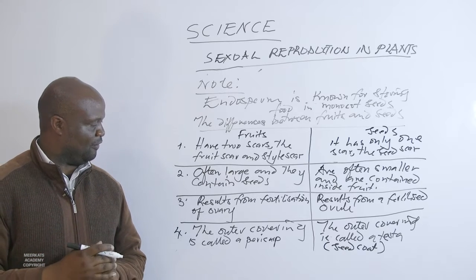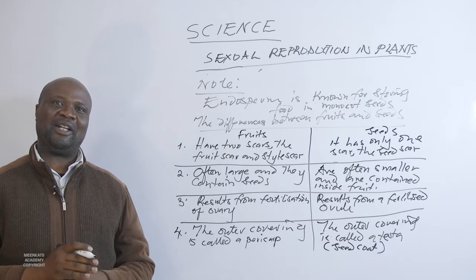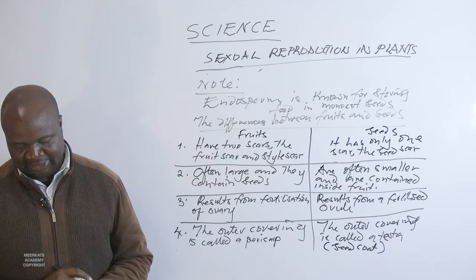The outer covering of a fruit is called a pericarp, while the outer covering of a seed is a seed coat, or we call it a testa.